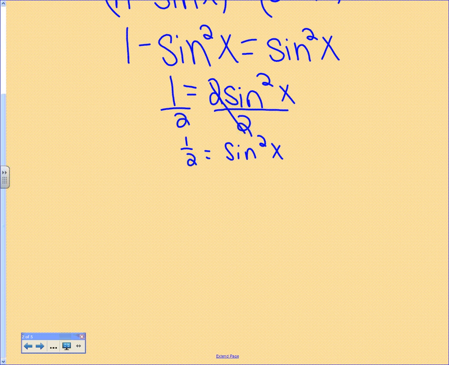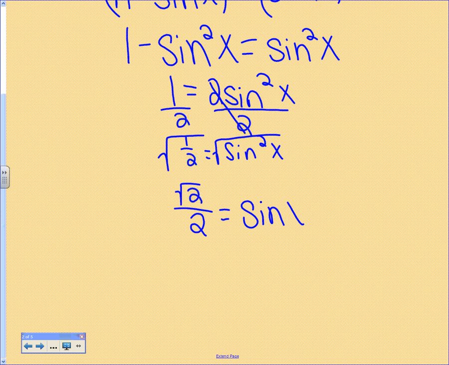How am I going to solve for x? We need sine x. What would you do? How do we get rid of that squared? The square root. What is the square root of 1/2? And anytime you take the square root, what do you have to remember to put?